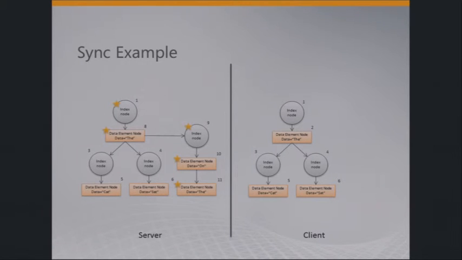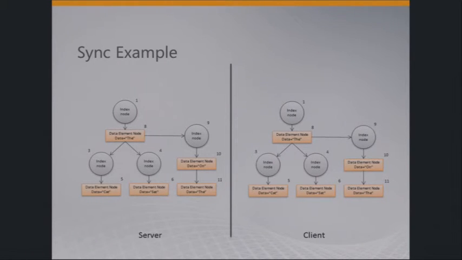It can enumerate the current state that it has, and obviously anything that is not in that 1 through 6 set can be sent to the client. So we do that enumeration, we send just those changes.